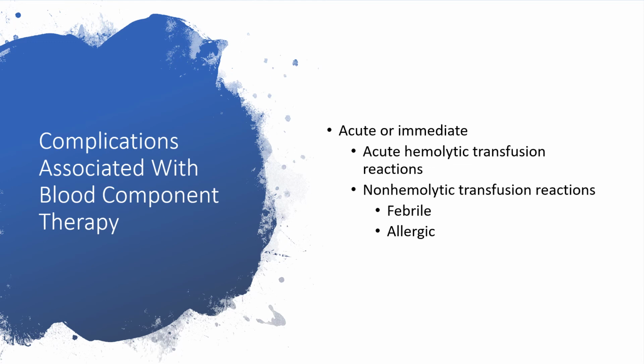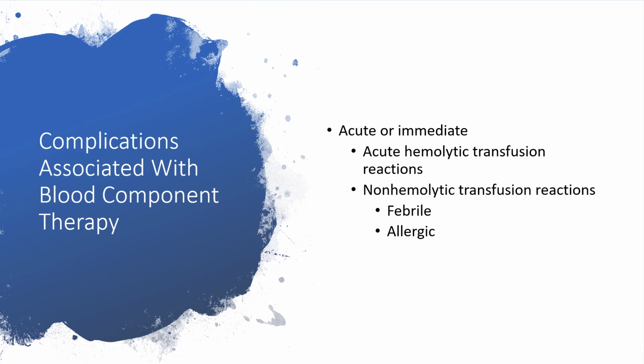Disseminated intravascular coagulation is one of the life-threatening complications of acute hemolytic transfusion reaction, in which the protein that controls blood clotting becomes overactive. The non-hemolytic transfusion reactions are usually fever, caused by the cytokines from leukocytes in transfused red cells or platelet components, causing fever, chills, or rigors.